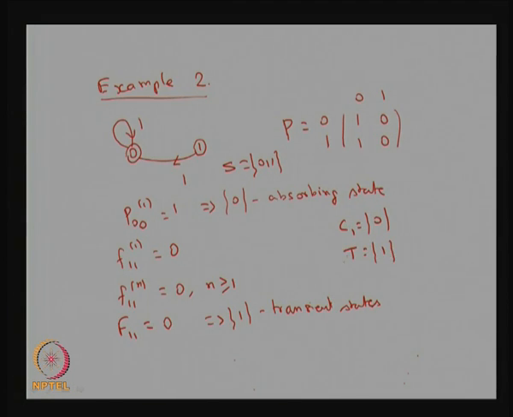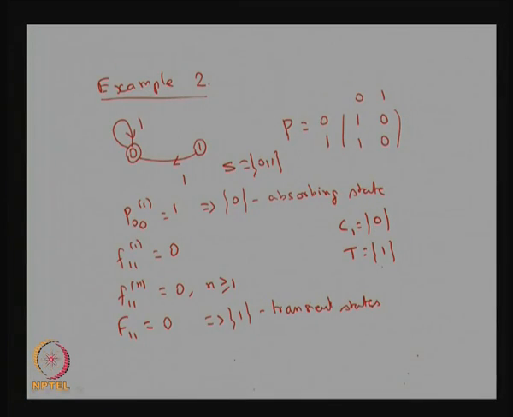This is the notation for capital T collecting all the transient states in the state space of the DTMC, and C1 is the first closed communicating class, which has only one element. If any closed communicating class has only one element, then it is called an absorbing state. Therefore, 0 is the absorbing state and 1 is the transient state.